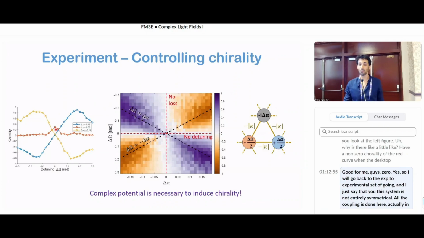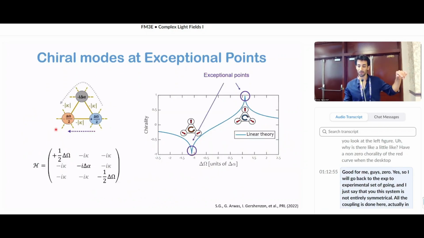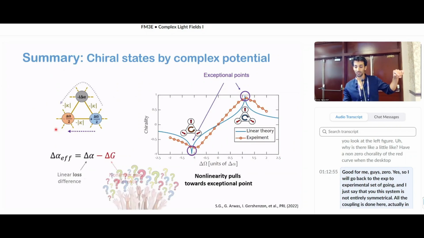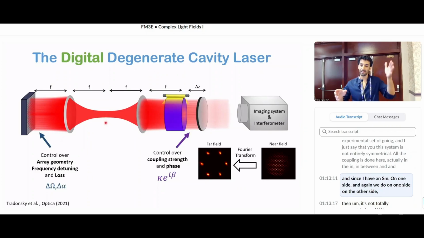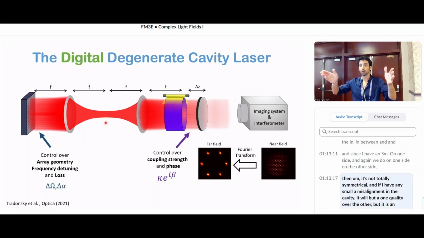Yes. So I will go back to the experimental setup drawing, and I should say that this system is not entirely symmetrical. All the coupling is done here in between, and since I have an SLM on one side and a gain medium on the other side, it's not totally symmetrical.